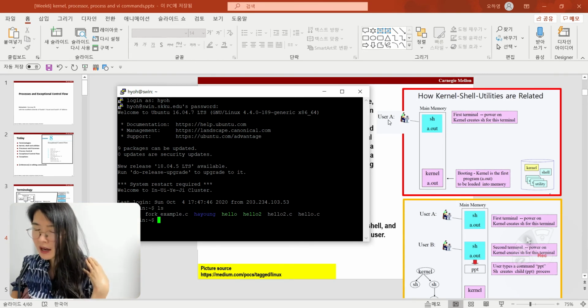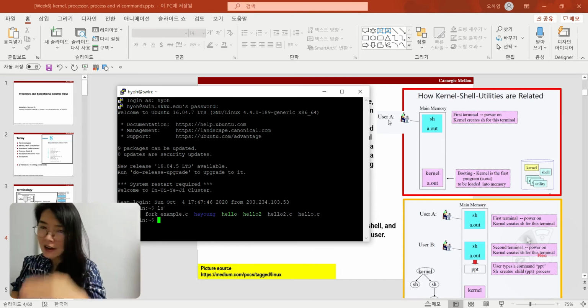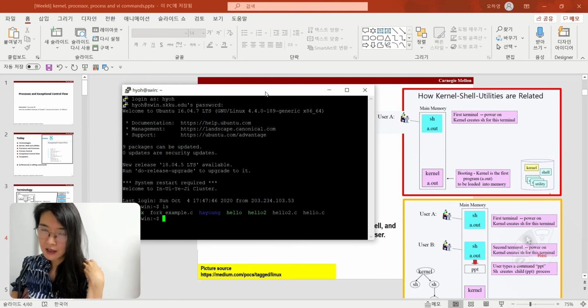So if 하영-O turns on the window, the kernel is loaded on top of the main memory, all right? And then if 하영-O opens the shell program, it is also loaded into the main memory, all right? And it waits for my command in the shell screen, all right? So after understanding my commands, the shell follows with the results after execution, all right?